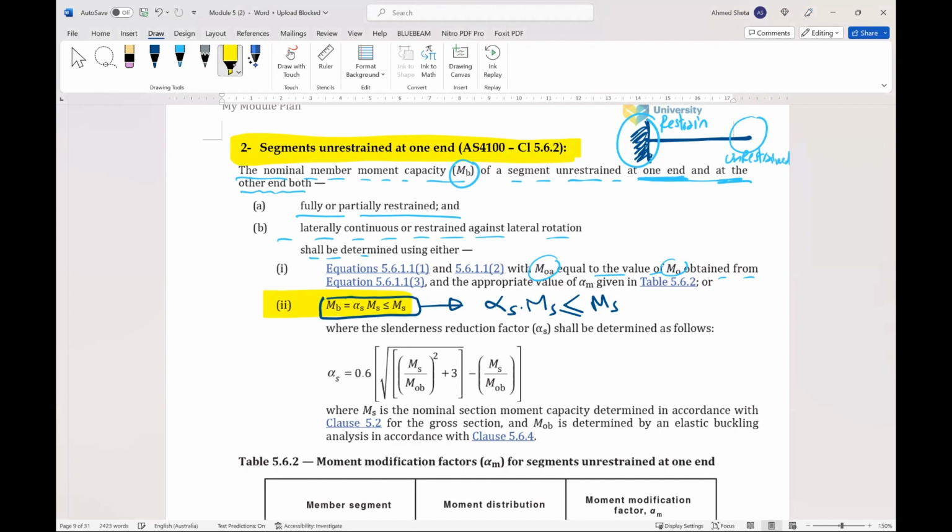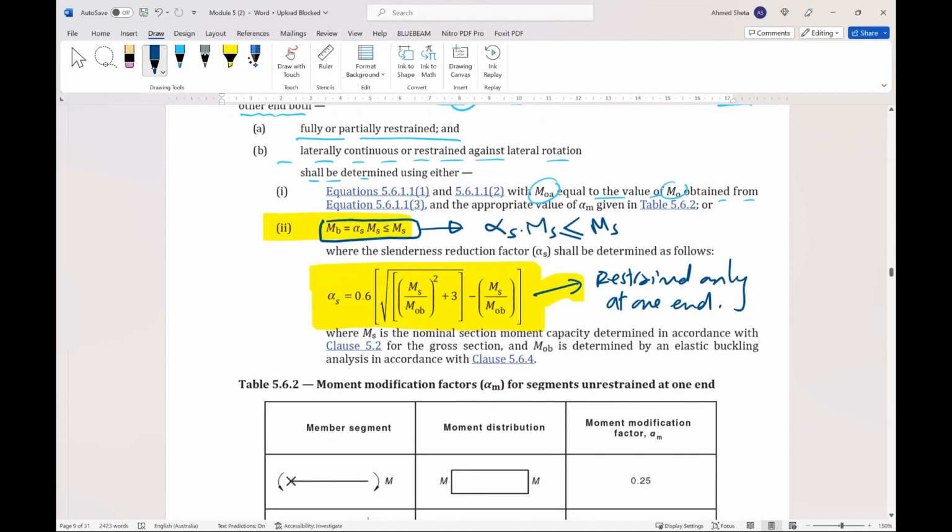Okay, so here alpha S has a different formula for a member restrained only at one end. Here we take alpha M as 1.